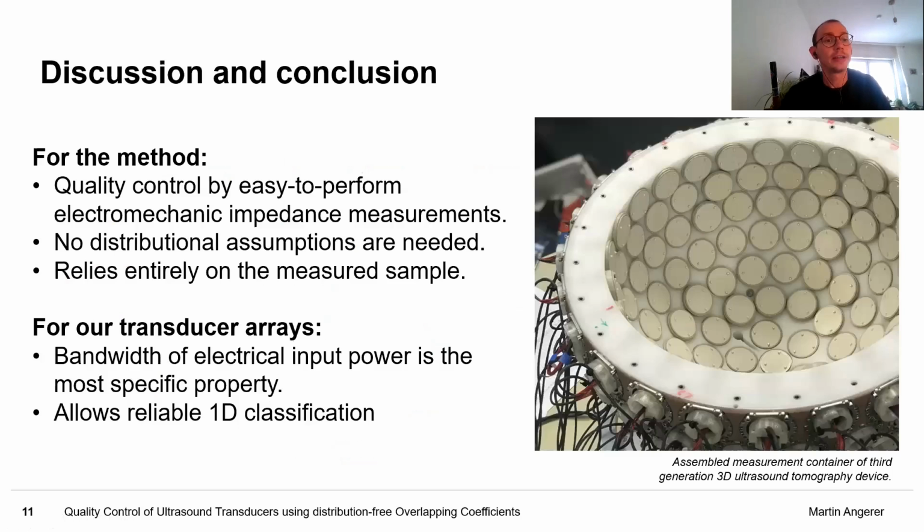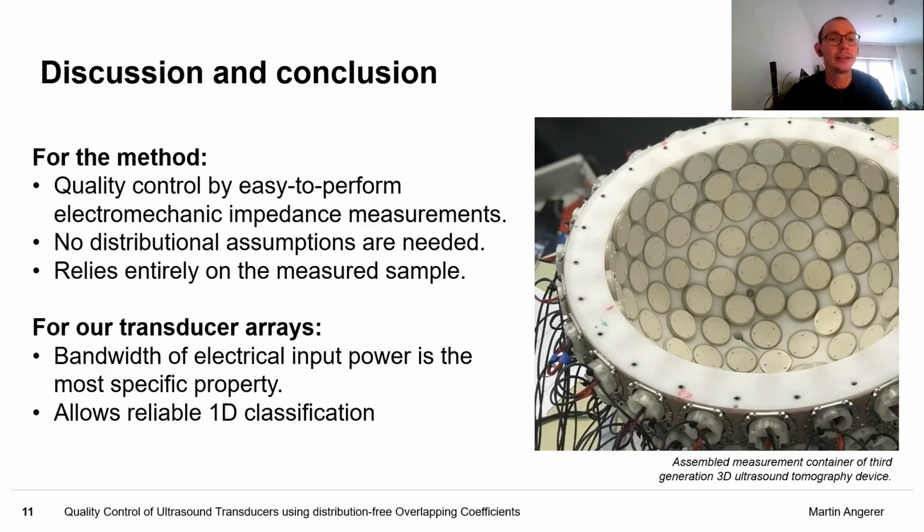This brings me then to my final slide. I hope I could convince you that quality control of ultrasound transducers is possible by easy to perform electromechanical impedance measurements. The presented method using the overlapping index based on individually estimated probability density functions needs no distributional assumptions.